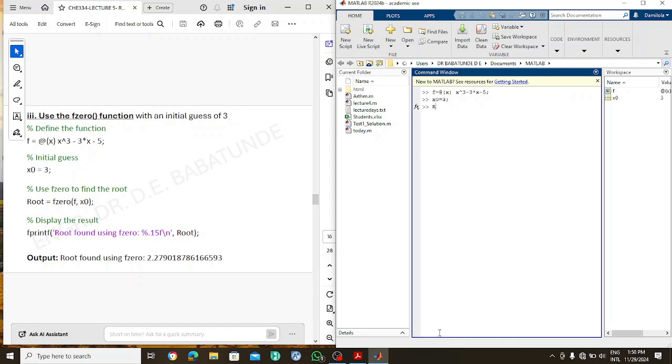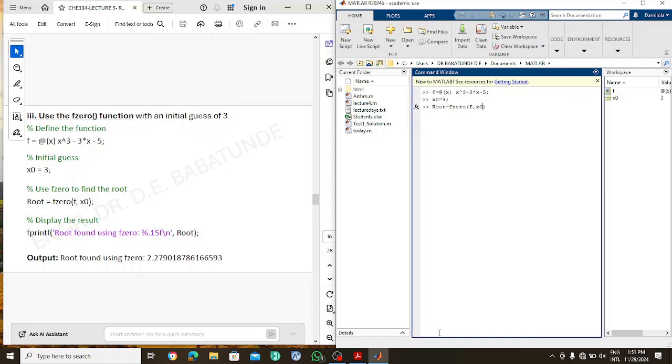You can call it any convenient name, but like we said, it's good practice to use a name that is reasonable, that can help you remember what this thing does. So we say root is equal to, we call the function fzero, open the parentheses, pass in the function. Our function here is f, followed by a comma, followed by our initial guess. Since we have stored the value of our initial guess inside x0, we bring in x0.